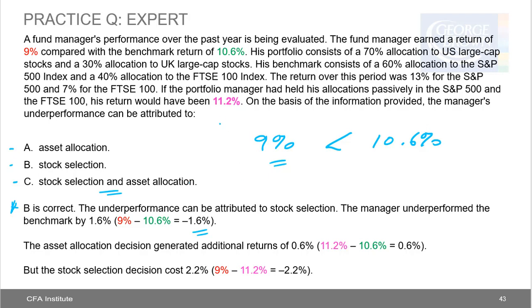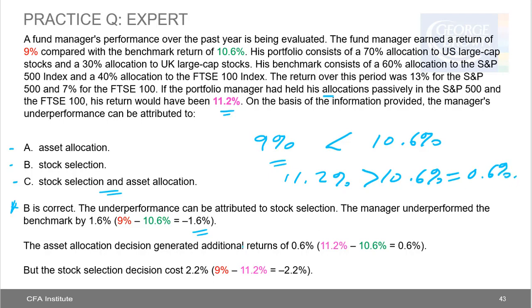Well, if we looked at first at the asset allocation, it says here if the portfolio manager has held his allocations passively, the return would have been 11.2%. Okay, so that was based on the asset allocation. If they just would have left it at the asset allocation and not gone further to security selection, it would have had a return of 11.2%, and that's better than the benchmark return of 10.6% by 0.6%.